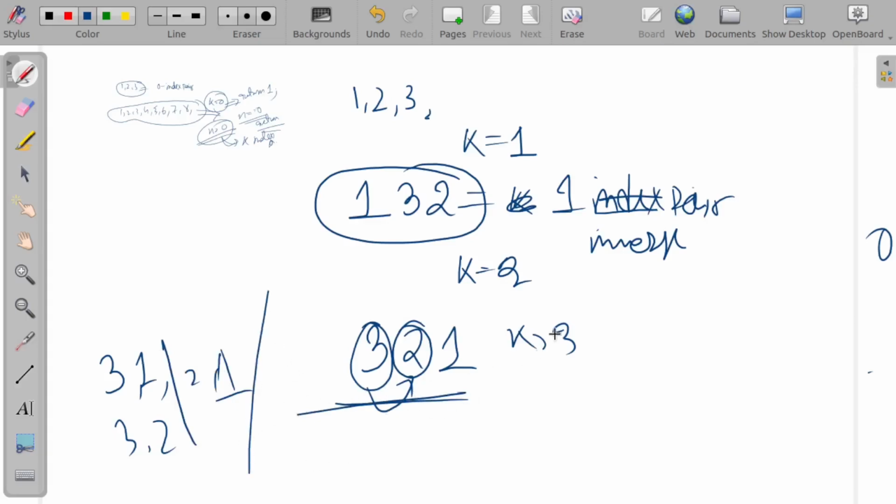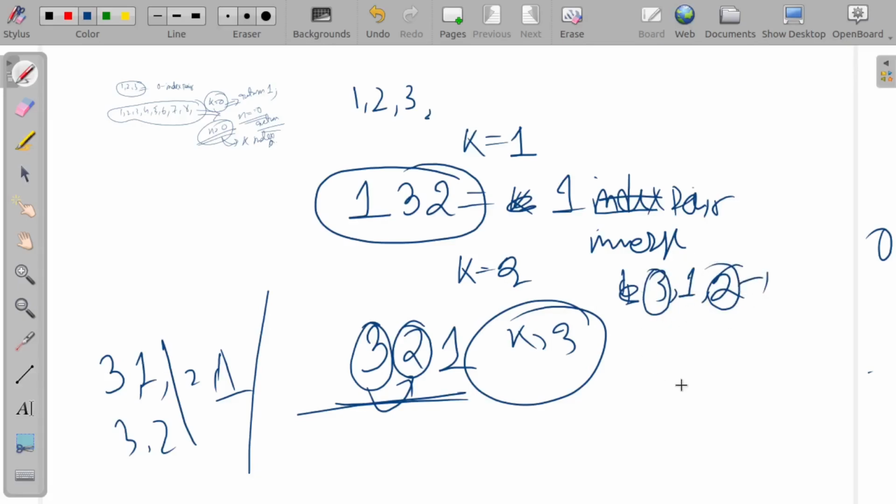And for k equals 2, we have 3 1 2, with pairs 3 and 1, 3 and 2, and another is 2 3 1, with pairs 3 1 and 2 1.